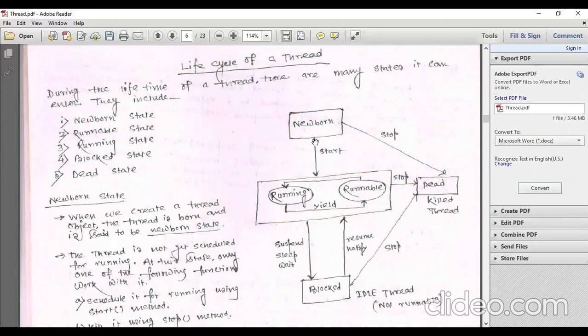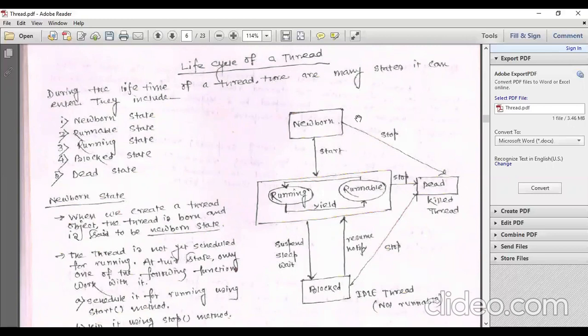The first state is the newborn state. Second, one is running, another one is runnable. One more state is the block state, and one state is the dead state.